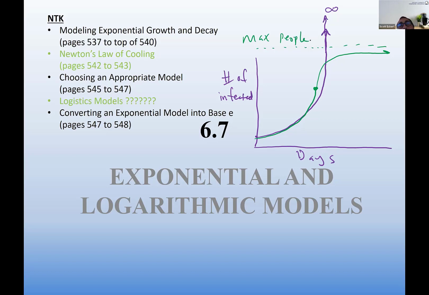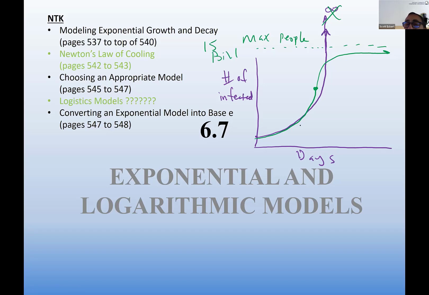So, if we have, I don't know what the number is, like 15 billion people on Earth, the worst it could get is 15 billion people infected. So infinity doesn't make sense for modeling the COVID because we don't have infinity people. We have 15 million people or billion. I'm just making up that number because I don't know how many people we have on Earth.